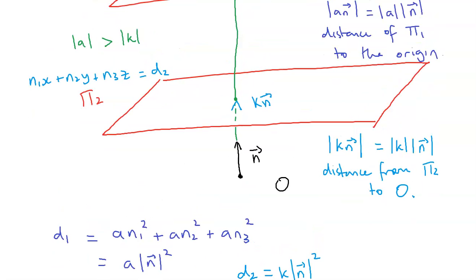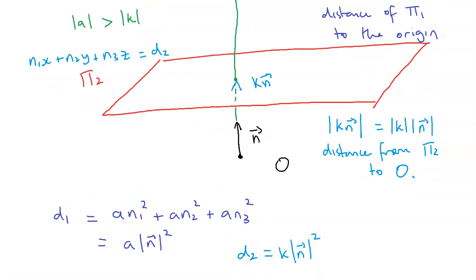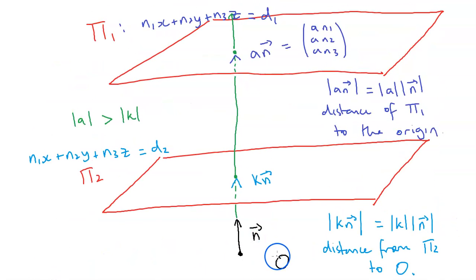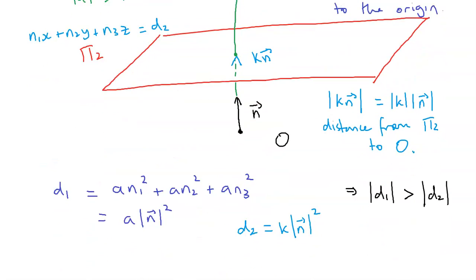Therefore, since we have the absolute value of a is bigger than the absolute value of k, that gives us that the absolute value of d1 is bigger than the absolute value of d2. So when the origin is on one side of the two planes, clearly the one that is further away has the bigger d value in absolute value.